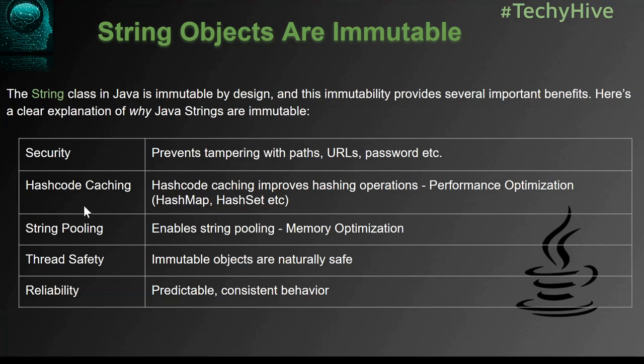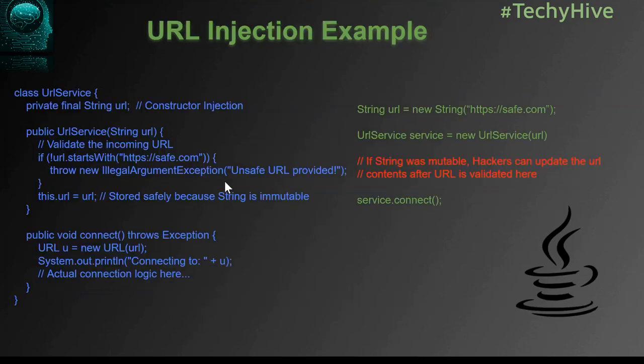Let's understand how string immutability prevents URL tampering using an example. Here we have created a simple class, URLService, and that class has a simple URL as a field, and we are injecting that URL through the constructor. Once the URL is injected, we use it to connect to the endpoint.